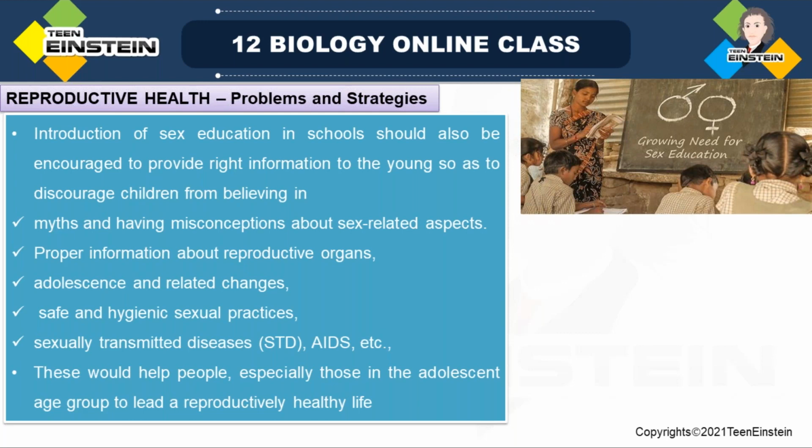So proper information about the reproductive organs, then adolescence and all the changes during that period in their body, all these things we should give a good idea or good class to children. And safe and hygienic sexual practices, then sexually transmitted diseases. We should tell about the pros and cons of all these things. We should give proper knowledge to students.